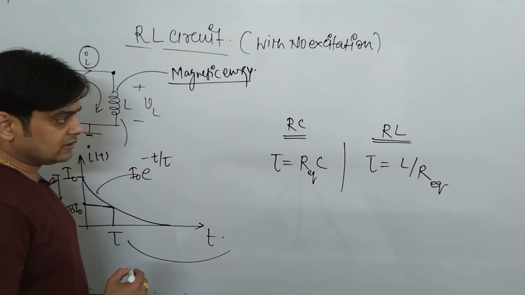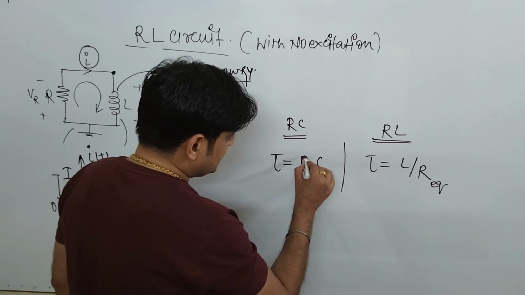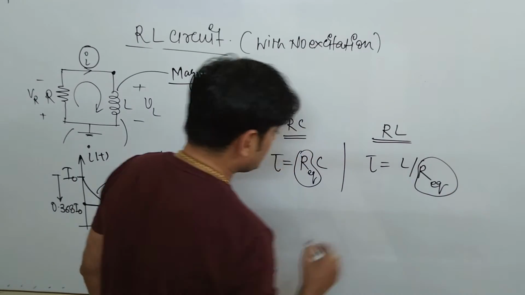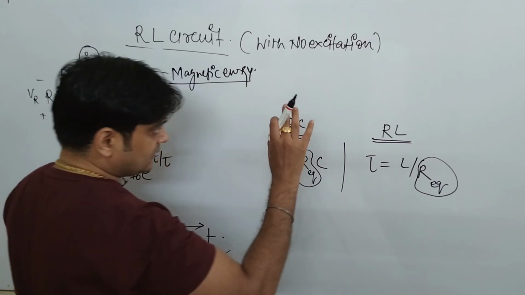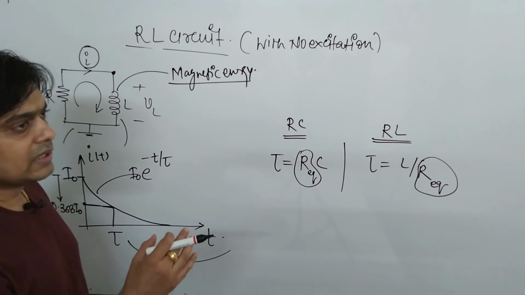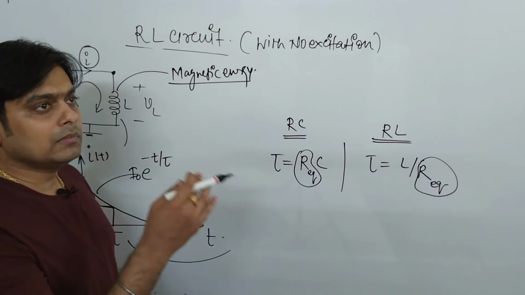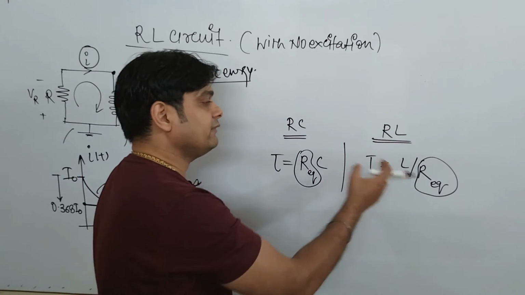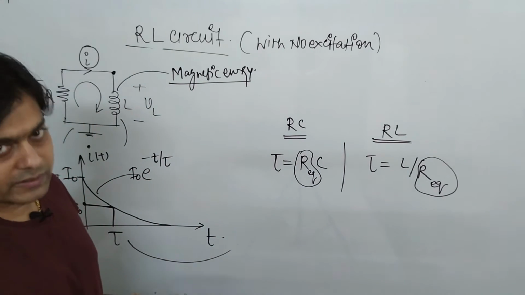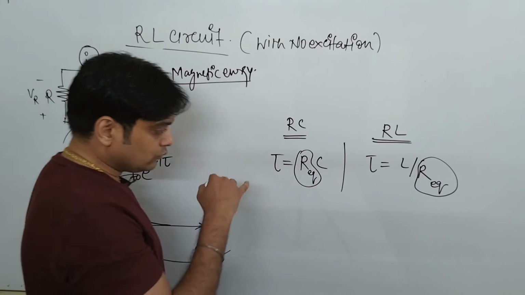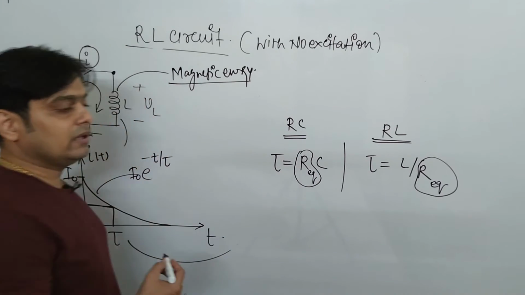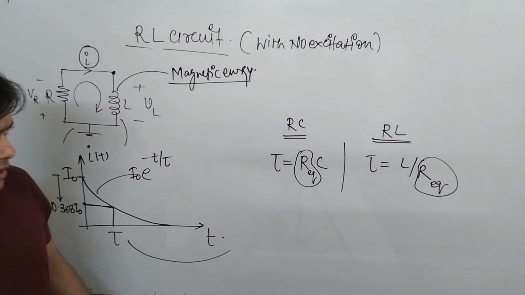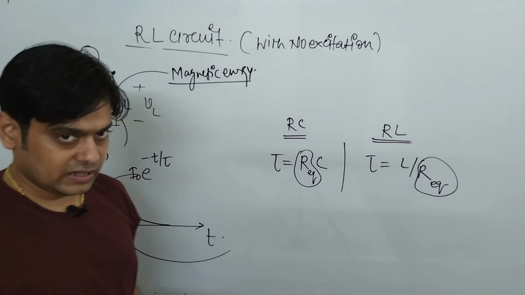Now, a very important thing, just keep in mind, this R is basically the equivalent resistance of the circuit. If in a network a capacitor is connected along with a number of resistor elements, similarly in a circuit if an inductor is connected along with a number of resistive elements, then to solve that problem and to get the value of current or voltage depending upon the situation, you have to find the value of R equivalent.